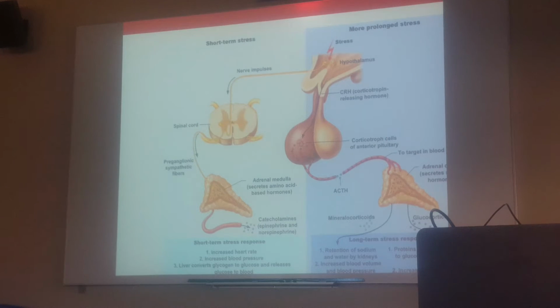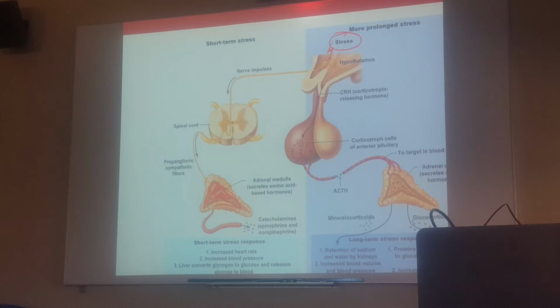So stress, in this case, is sensed by the hypothalamus, sent through neurons down to the spinal cord, okay? Sympathetic ganglion, we're going to get sympathetic fibers that go to the adrenal medulla. Is the adrenal medulla the inside or the outside? It's the inside. So we're talking about this area right here, okay?